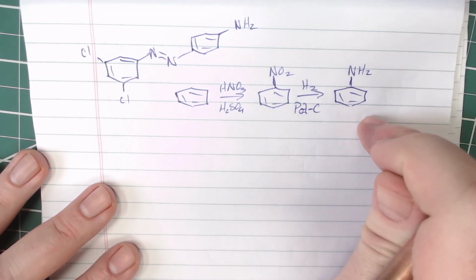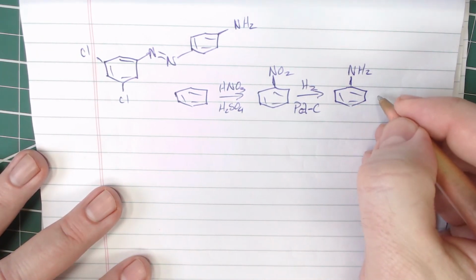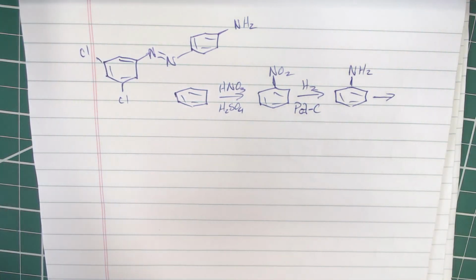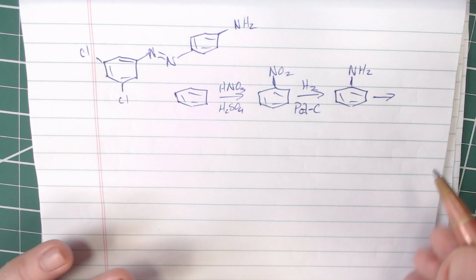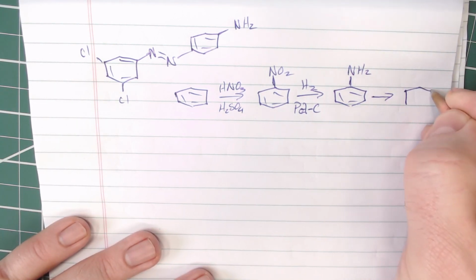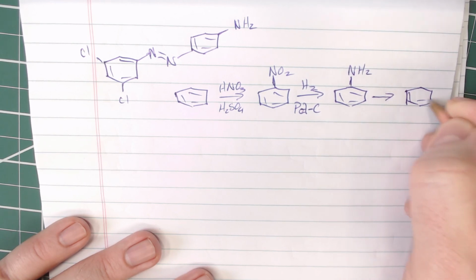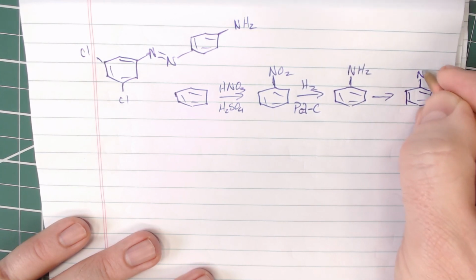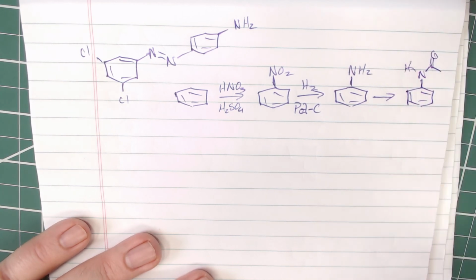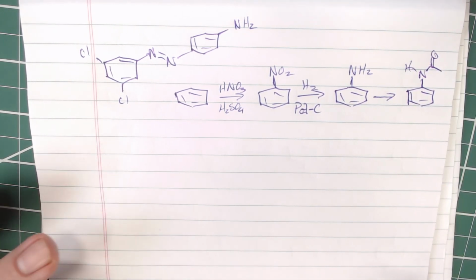We're going to use that aniline later, but once we've made it, we don't have to show how to make it again. And then we're going to take that and convert that into acetanilide. All right, so there we've got acetanilide.